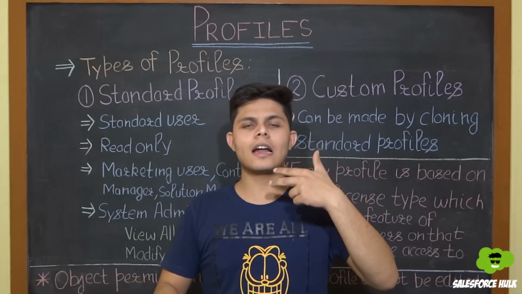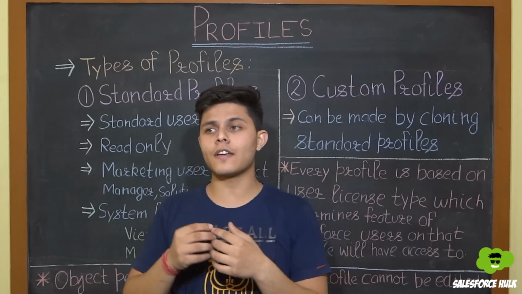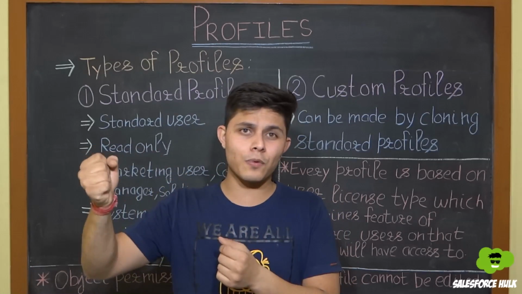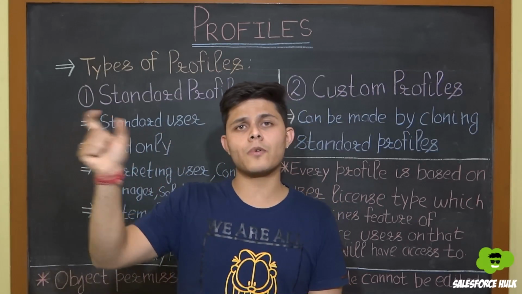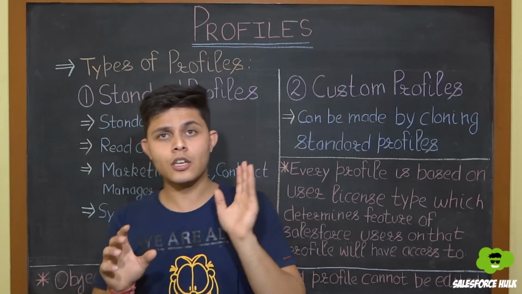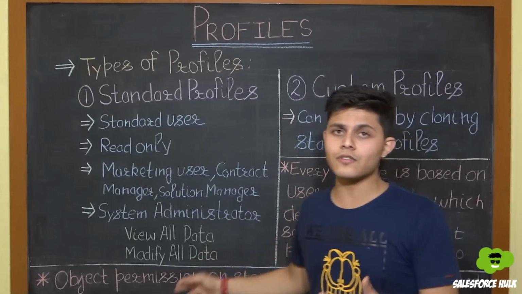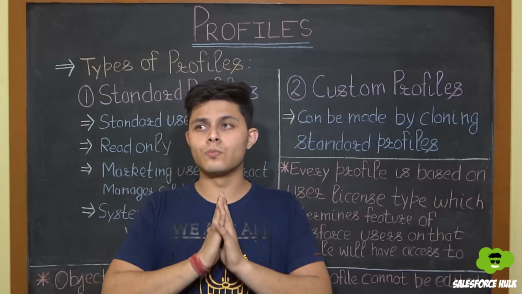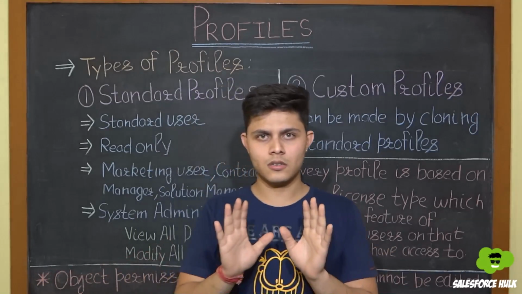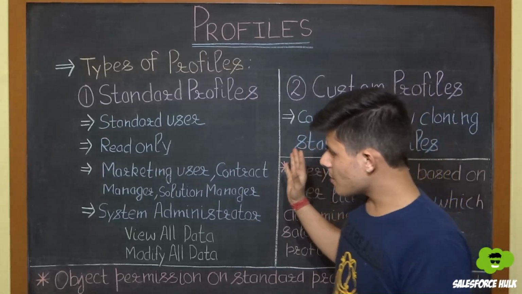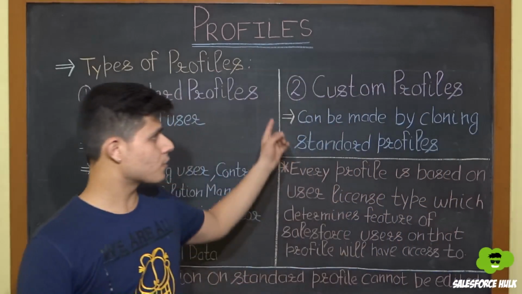But if you assign view all data and modify all data to any profile, the users on that profile will have access equivalent to a system administrator only. So these are the two special permissions which give a user on a particular profile access to most of the things in Salesforce. Got my point? Okay.